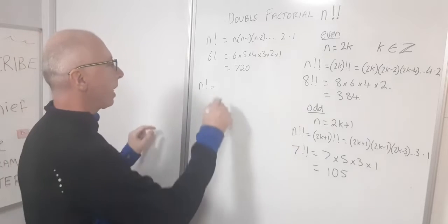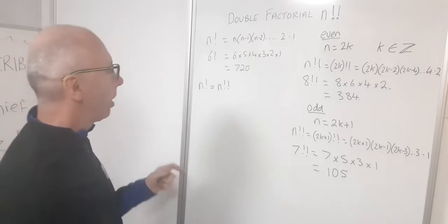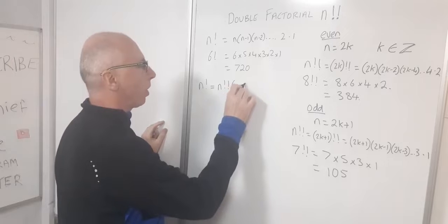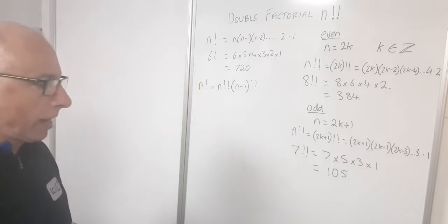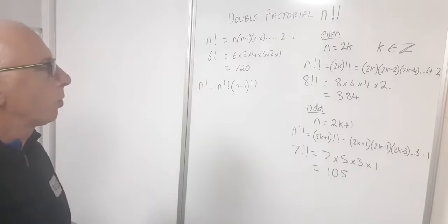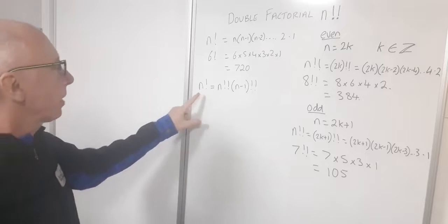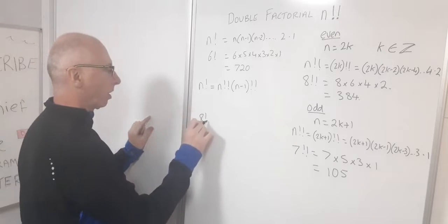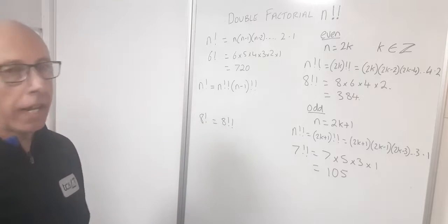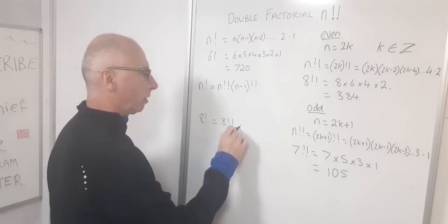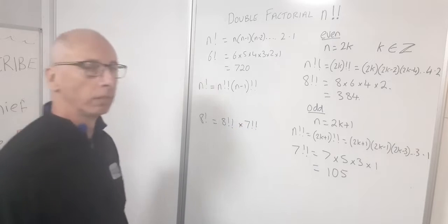We can write this as n double factorial times n minus 1 double factorial. And that's how we could put the relationship of the two together. So here for 8 factorial, we'd write 8 double factorial and then multiply that by our 7 double factorial.